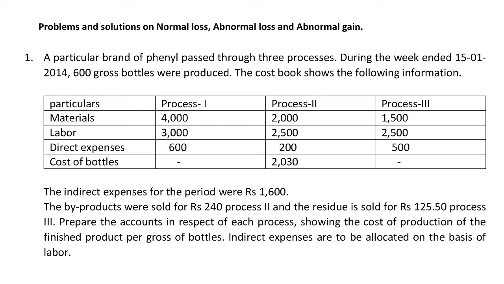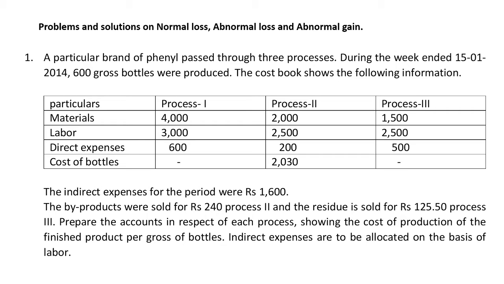Labor: 3,000, 2,500 and 2,500. Direct expenses: 600, 200 and 500. Cost of bottle in process 1 it is nil, next 2030, and next again nil. The indirect expenses for the period were rupees 1,600, and the byproduct was sold for rupees 240.